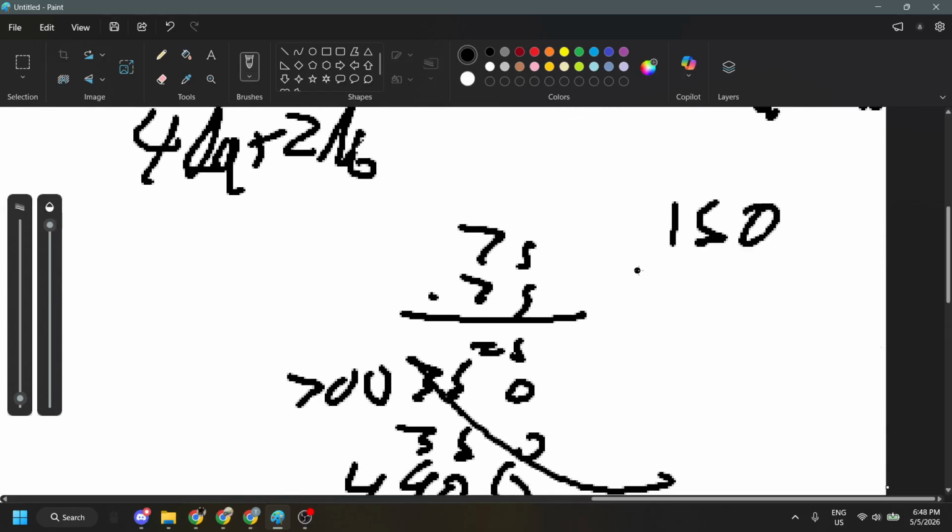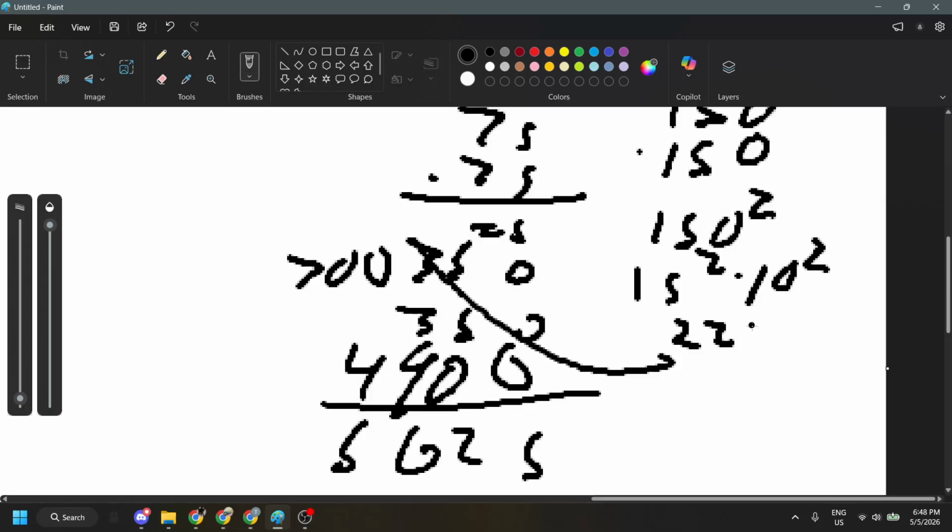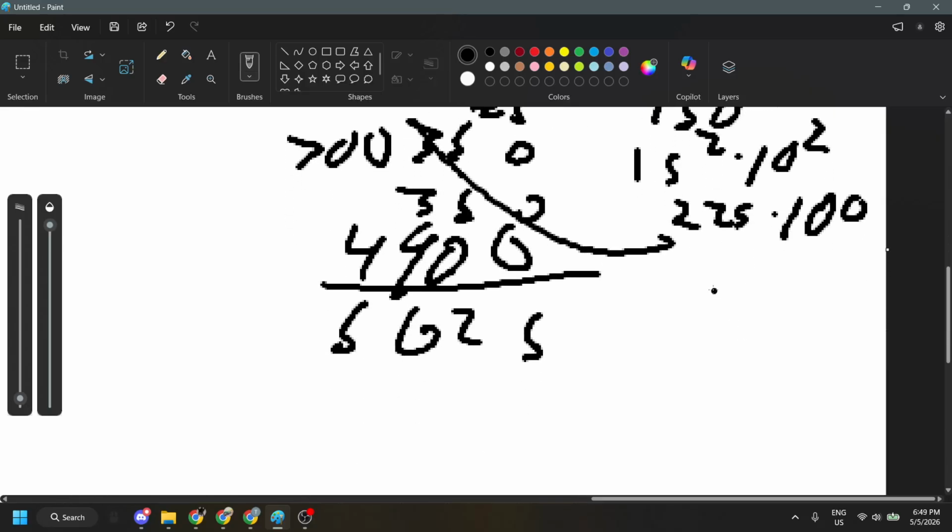150 squared. 150 squared is equal to 15 squared times 10 squared. So it's equal to 225 times 100. So that's just going to be 22,500.